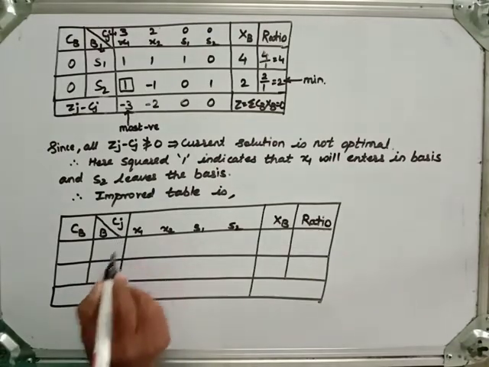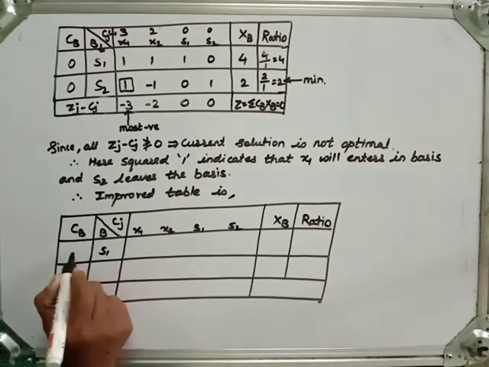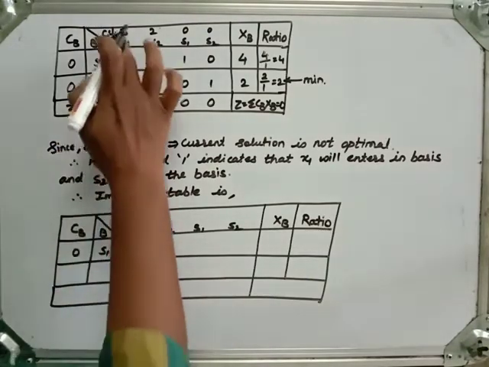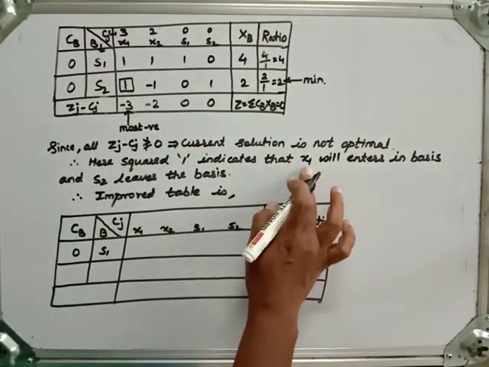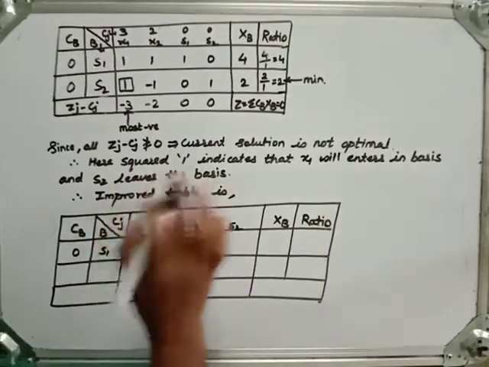Now here s1 will remain as it is, but s2 will be replaced by x1 because x1 will enter in a basis and s2 leaves the basis.